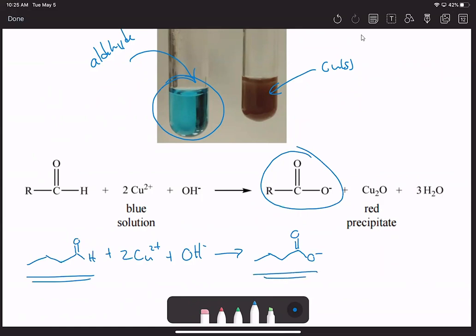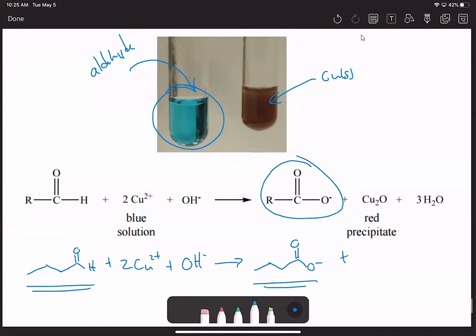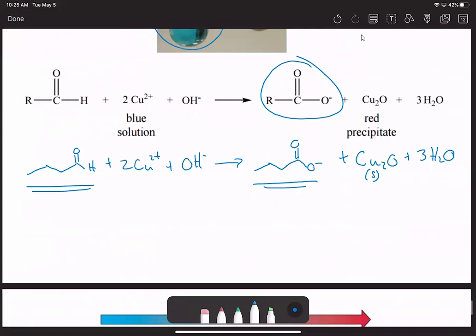The only thing that happens here is I get a carboxylic anion instead of a carboxylic acid. Plus, I'm going to get some copper as a solid, and then we'll get some water molecules. And then if we happen to test it with a ketone, again we're going to see no reaction happening.